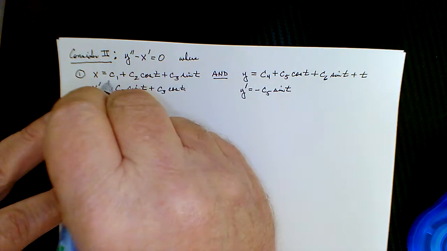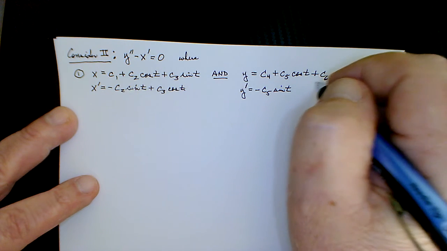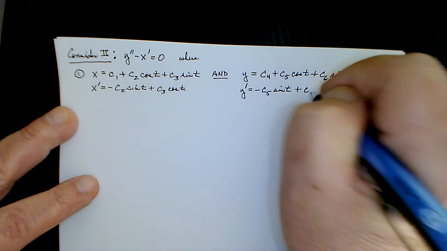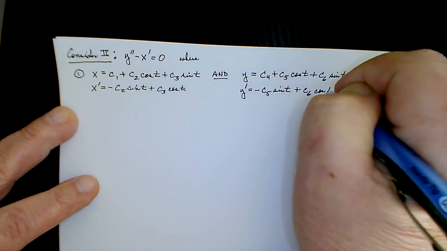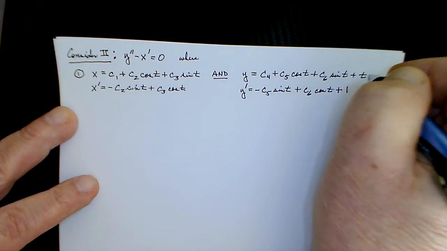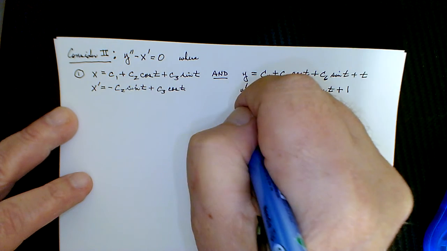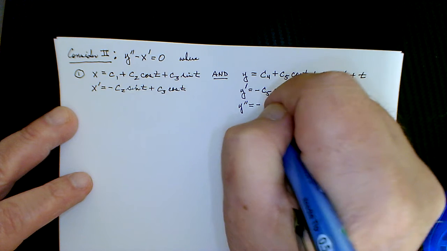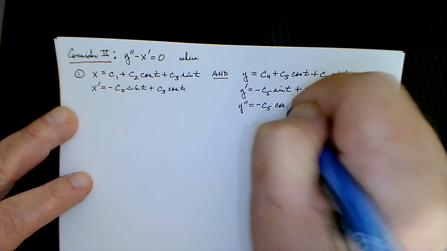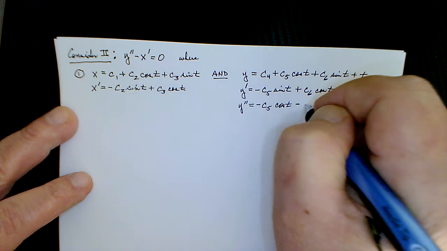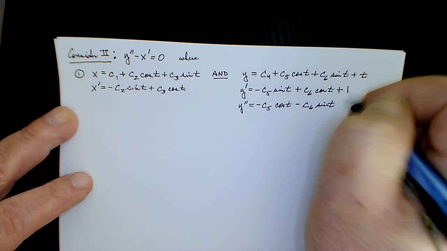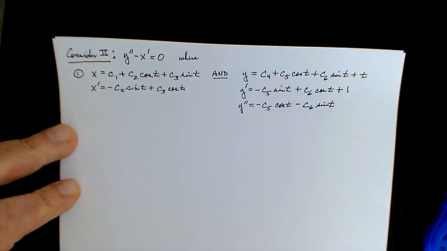Derivative C4 and C1 are both 0 because those are constants. And then plus C6 cosine t, but then plus 1, so don't forget the derivative of t. But then we need y double prime as well, so that's minus C5 cosine t minus C6 sine of t, and then the derivative of 1 is 0.